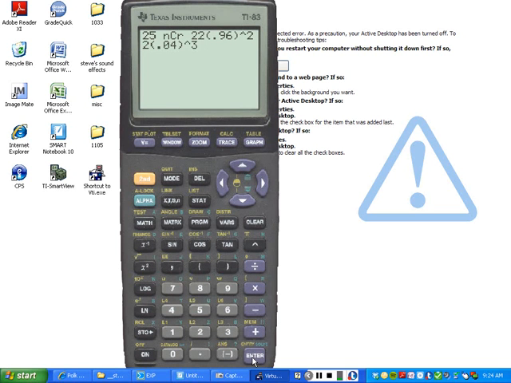Wait, how do you do that on a calculator again? Math, probability, nCr. 25, math, go to PRB, option number 3, 22, then you're going to type in 0.96 raised to the 22nd, and then 0.04, raised to the 3rd.